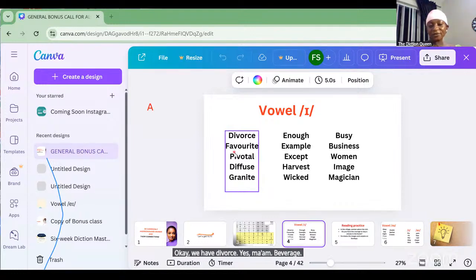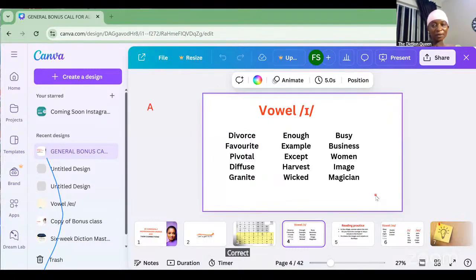Again. Favorite. Okay, yes, favorite. Pivotal. Yes. Diffuse. Granite. Correct. Thank you, Blessing.